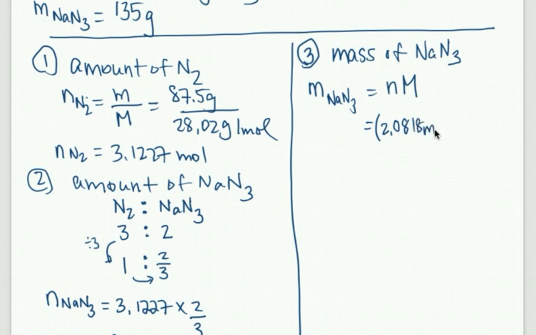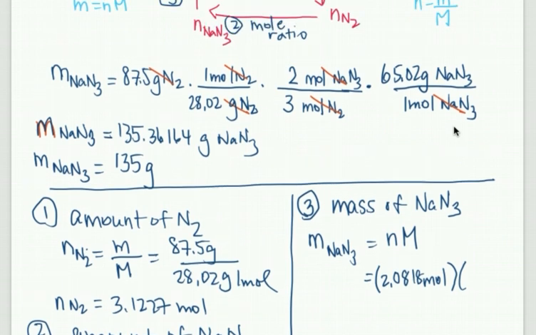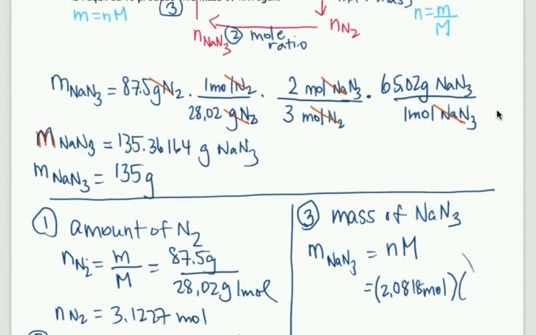Just take whatever was in your calculator and multiply by the molar mass, which was 65.02 grams per mole. And we get 135 grams, just like the other method.